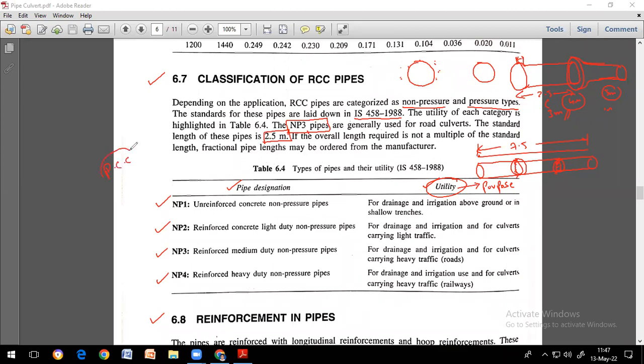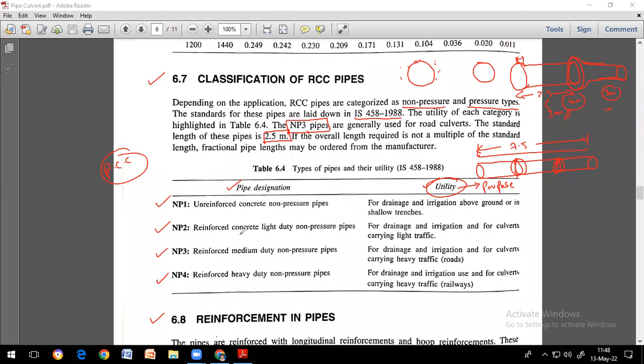What do you mean by PCC? Plain cement concrete. These pipes are used for drainage and irrigation above ground or in shallow trenches, at very low depths. In such places they use unreinforced concrete non-pressure pipes, for drainage and also for irrigation.